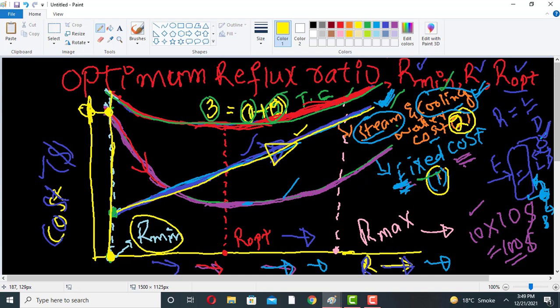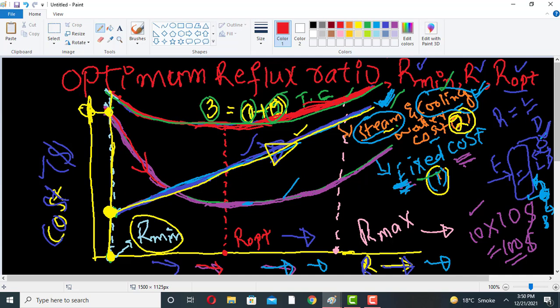But the cost of the cooling water and the cost of the steam is small, because as the height of the column increases, the condenser duty and the reboiler duty decrease. But when we decrease the height of the distillation column, the condenser duty and the reboiler duty will increase.